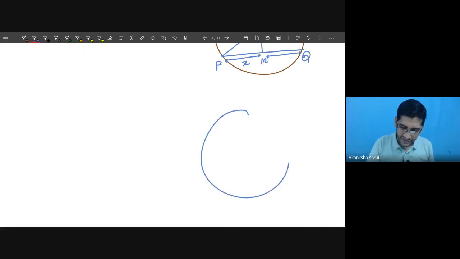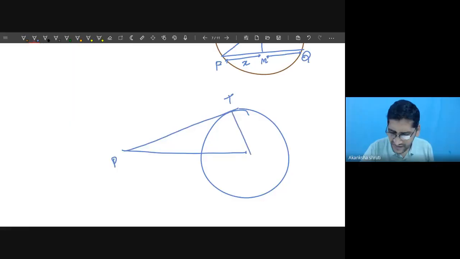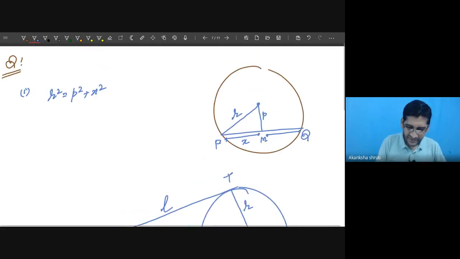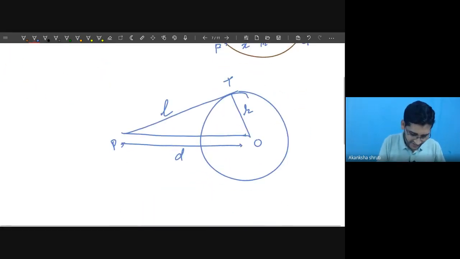If we consider the circle like this, here tangent T, this is the radius R, then the distance between the center O, this length, if we consider this as length of tangent L, this distance as D, then the second relation is like this.